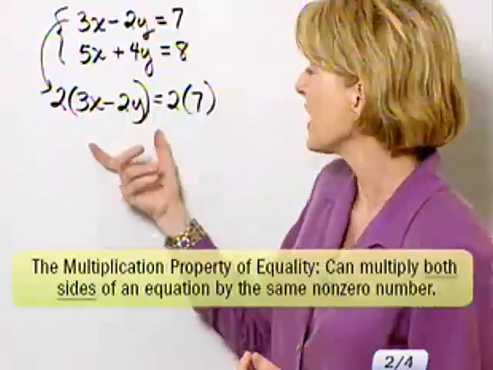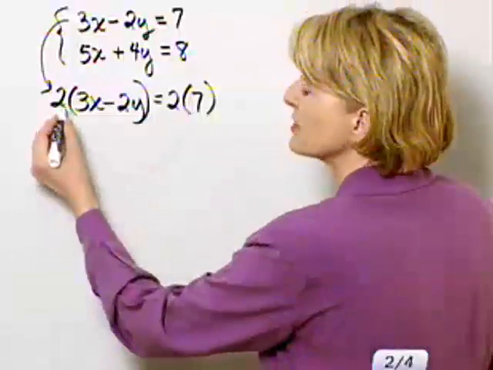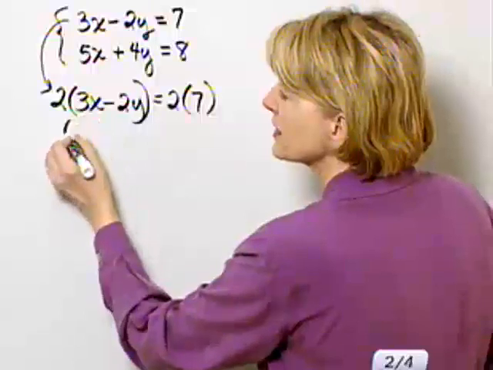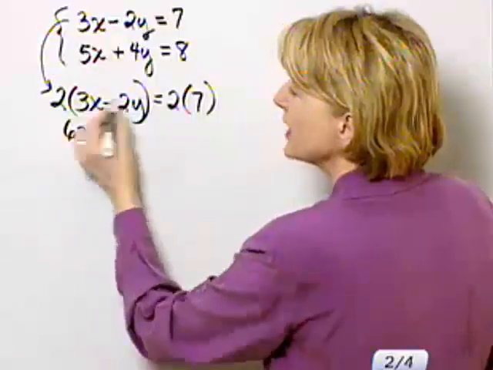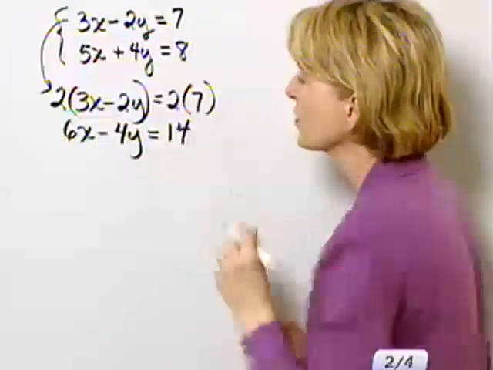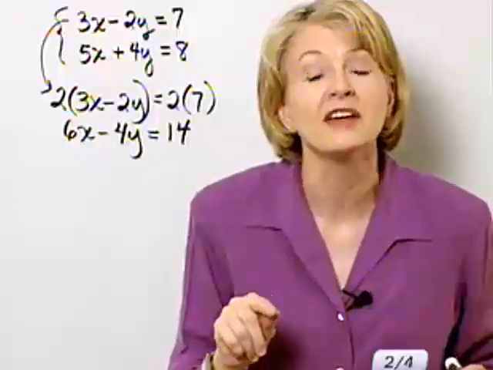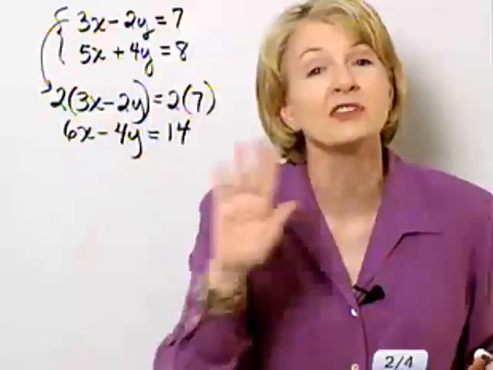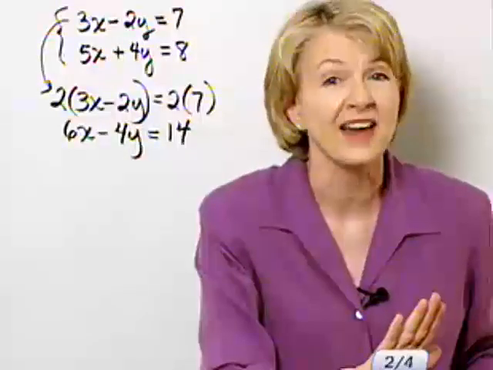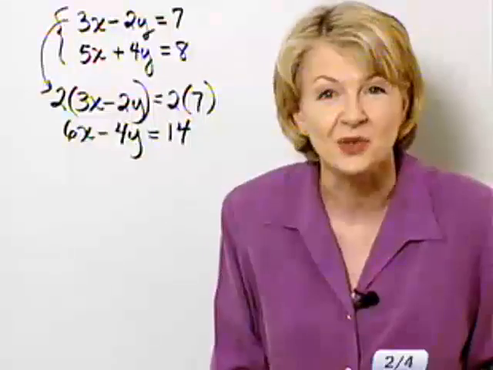So I can do that, and I'll still have an equivalent equation. Watch what happens then. 2 times 3x, that's 6x, minus 4y is equal to 14. Make sure you write it down so you do not forget that you must multiply both sides of the equation by that number that you decide upon, and in this case it is 2.